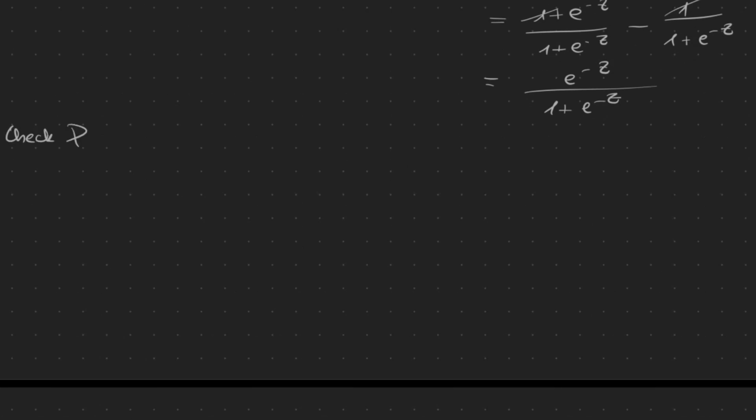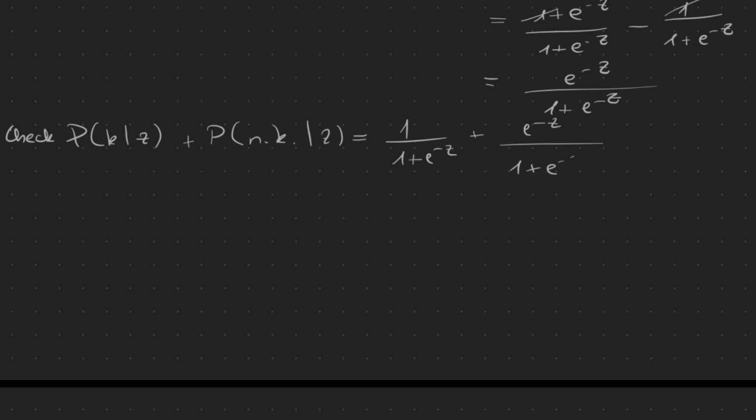And we can check the probability of being of class k given input z plus the probability of not being class k given z is equal to 1 over 1 plus e to the power of minus z plus e to the power of minus z divided by 1 plus e to the power of minus z.